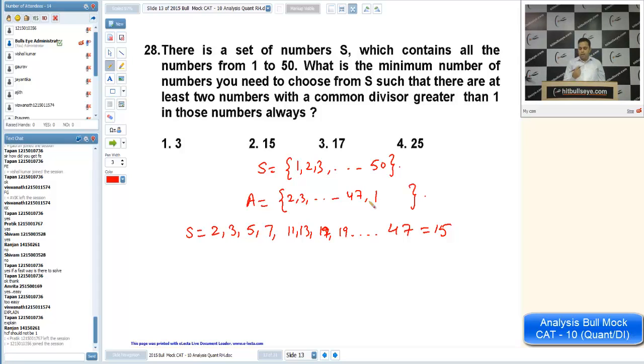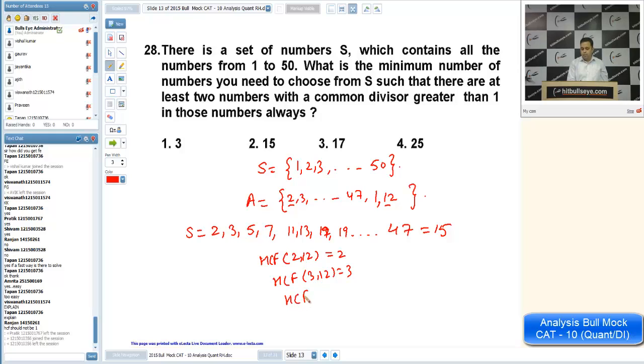But I have taken all the primes as well as the number 1. Now, if I write down any other number, let us say 12 or 18 or any other number, then there will be at least one pair. For example, 2 and 12: the HCF of 2 and 12 is equal to 2. HCF of 3 and 12 is equal to 3.